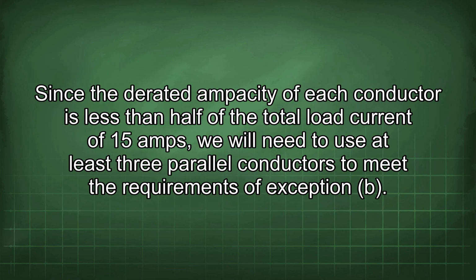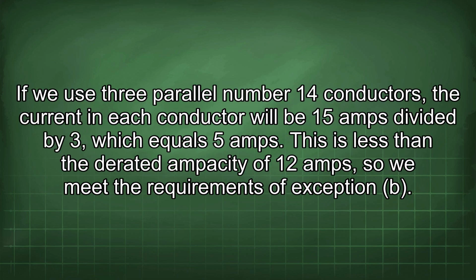Since the derated ampacity of each conductor is less than half of the total load current of 15 amps, we will need to use at least 3 parallel conductors to meet the requirements of exception B. If we use 3 parallel number 14 conductors, the current in each conductor will be 15 amps divided by 3, which equals 5 amps.